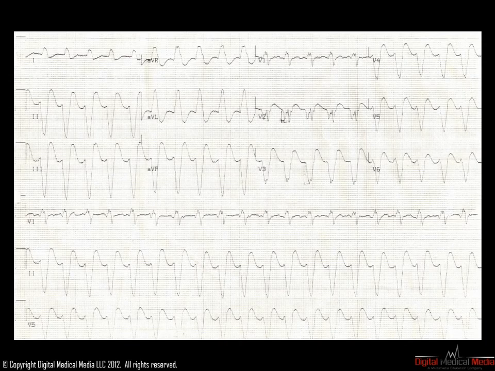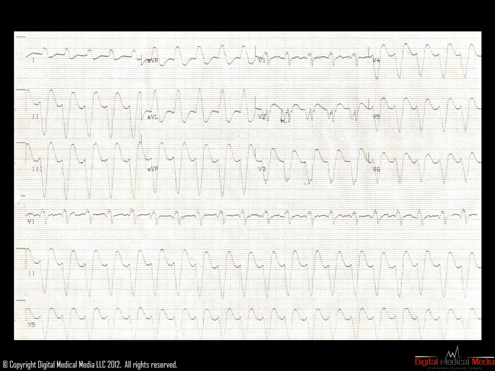The heart rate on this 12-lead ECG is extremely rapid, approximately 125 beats per minute. The QRS complex is wide and unusual looking. If we look carefully, we can see that there are P waves which are not associated with the QRS complexes. The atrial rate is slower than the ventricular rate. This is classic and typical ventricular tachycardia.